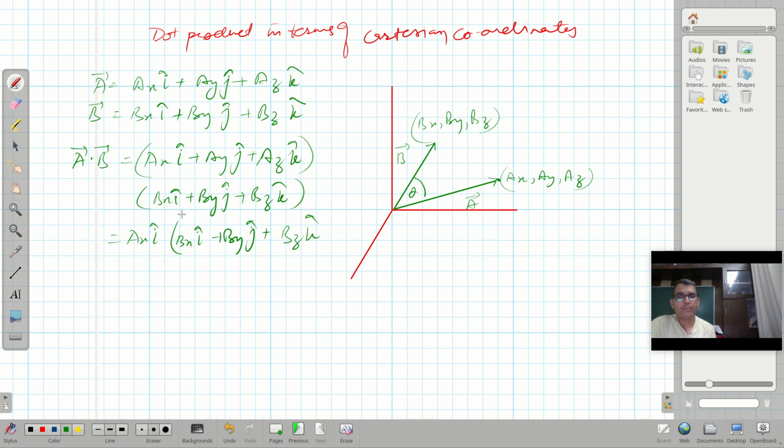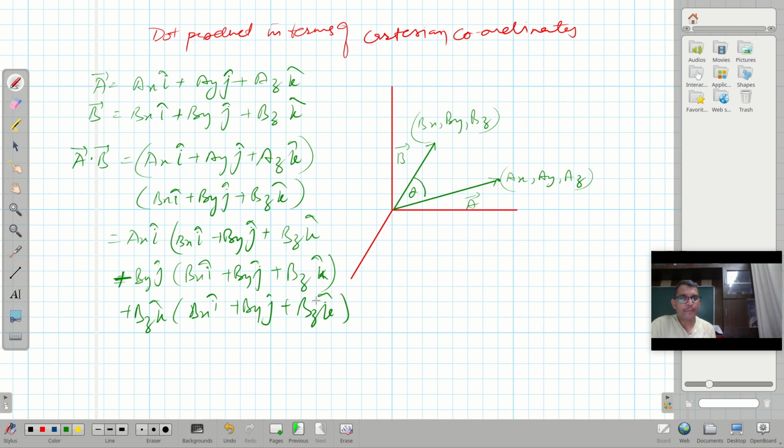Similarly, this y component is multiplied with all these, so it is plus AY j cap, BX i cap, BY j cap, and BZ k cap. So very simple. And similarly, AZ k cap can be written with BX i cap, BY j cap, and BZ k cap. So then what will happen?